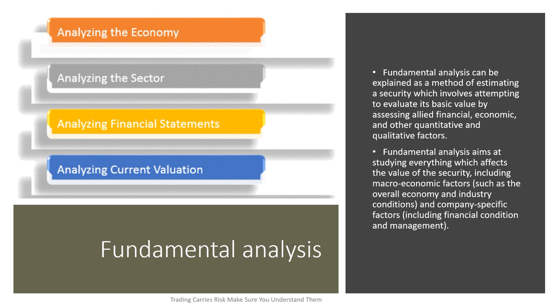But a Google earning report that showed that Google has earned an extra $1 billion or signed up an extra 100 million subscribers won't really have an effect on the currency market or the stock or on the commodities market or the cryptocurrency market, but it will have an effect on the value of Google stock. So they all fall under the area of fundamental analysis.